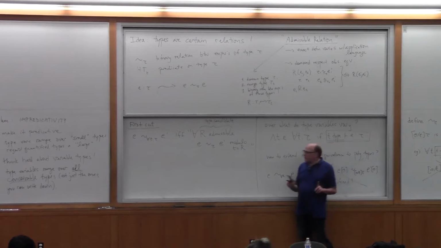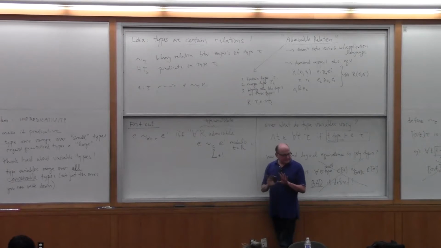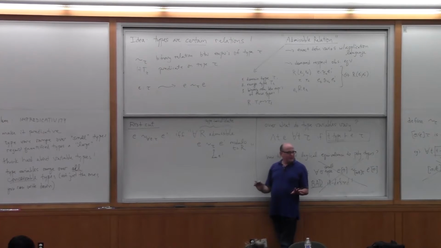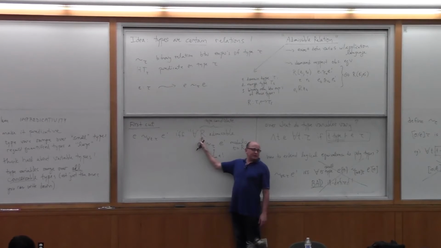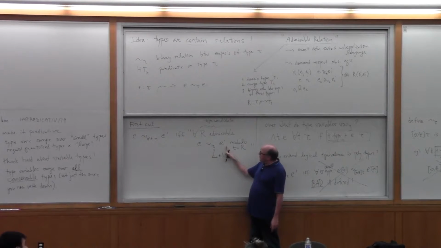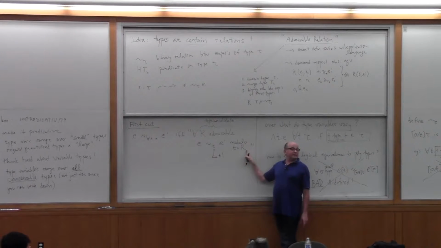Notice, this has a free type variable in it. So that's why I have to have a second cut to really nail this down properly. But here's the intuition: let the quantifier range over all possible types, not just the ones you can write down in syntax, and demand that E and E prime be related modulo the fiction that the meaning of the type T is R.